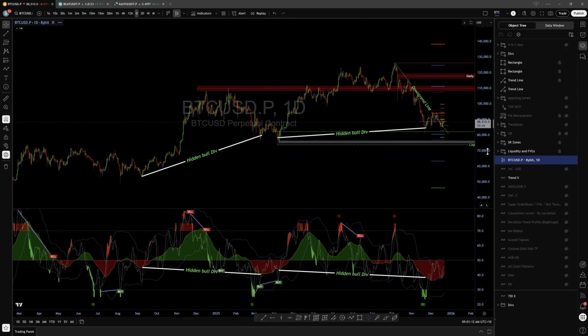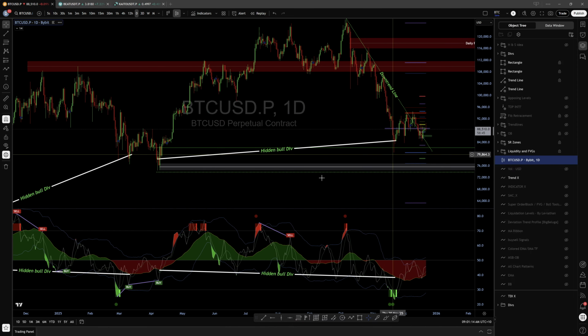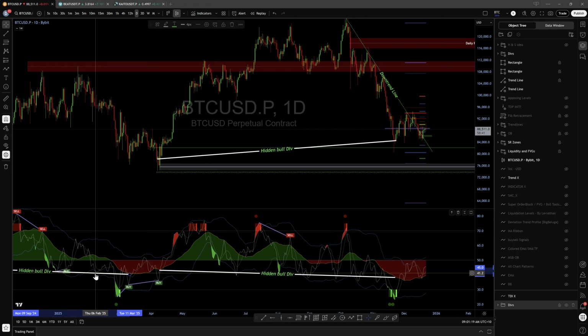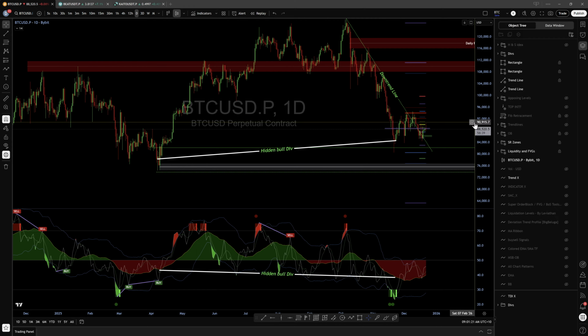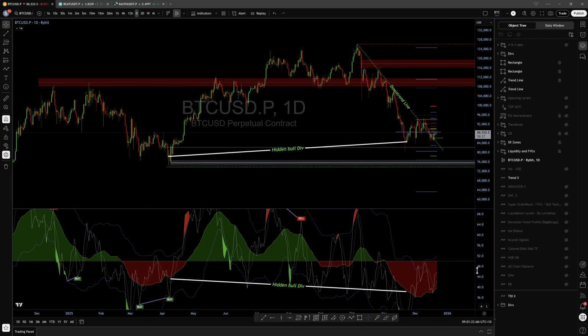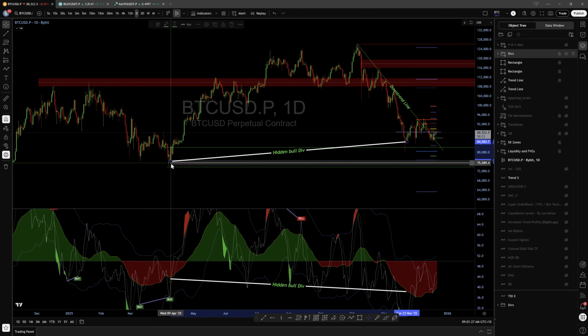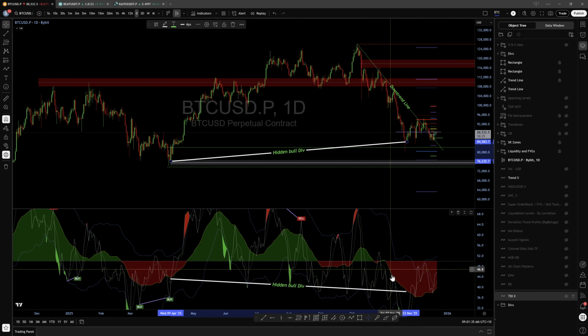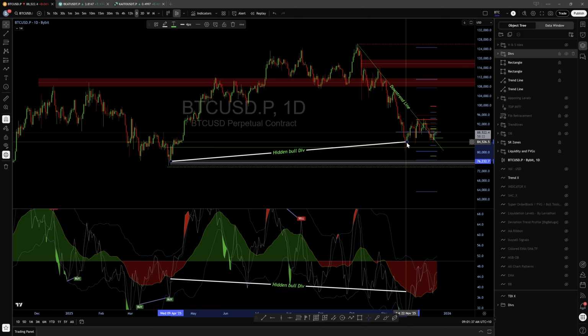And I'll show you on this recent one, and let's just get rid of these because this is recorded and you guys can check it on my YouTube channel afterwards if you want to examine it a little more. You want to measure from the low on the price and then the low on the oscillator at the same spot. So the low on the price here, not including the wicks of the candles, is a higher low on the price and then a lower low on the oscillator.